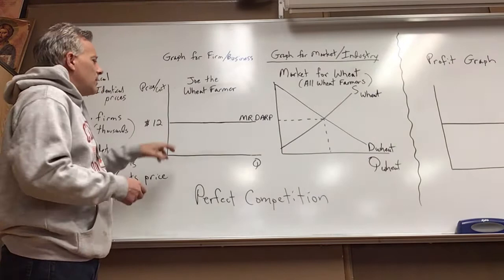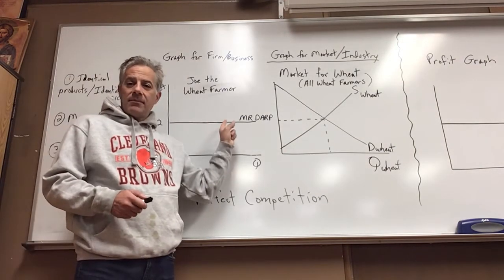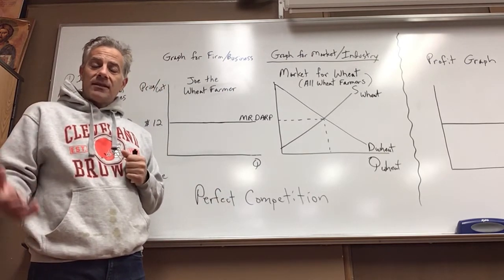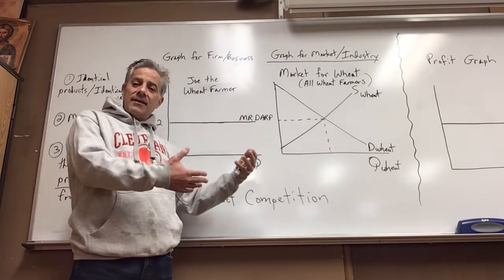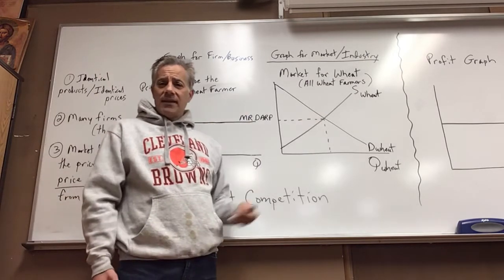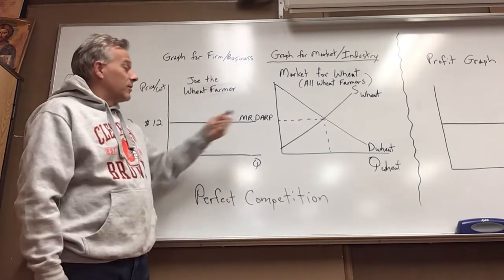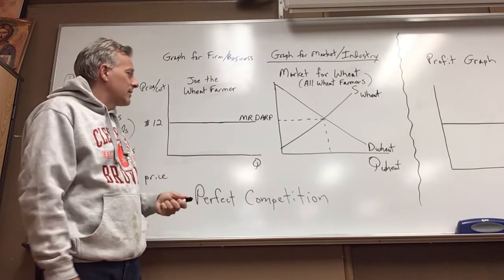Okay, so remember Mr. DARP, very important to understand marginal revenue, the change in total revenue with each additional sale. Because the price is constant, each additional sale leads to an increase in total revenue that's equal to the price, so the marginal revenue is constant at $12 for each additional sale.